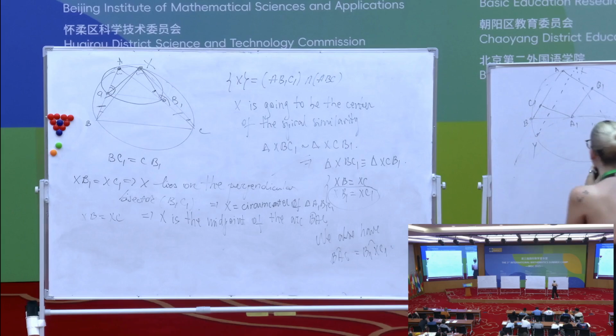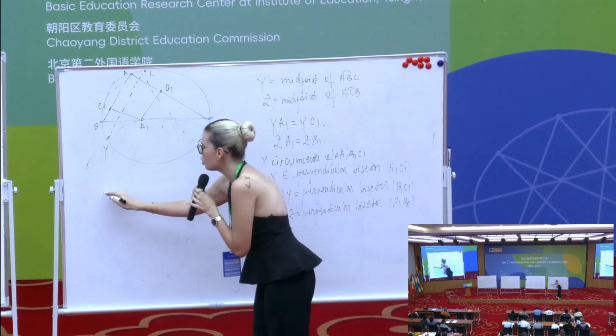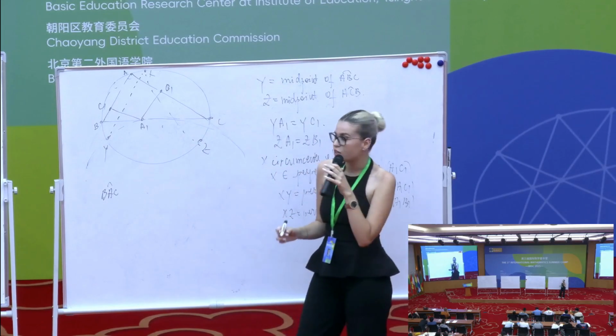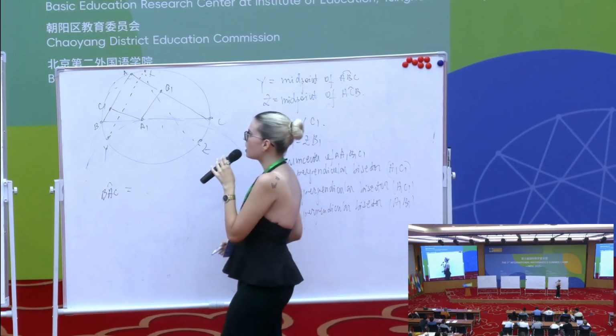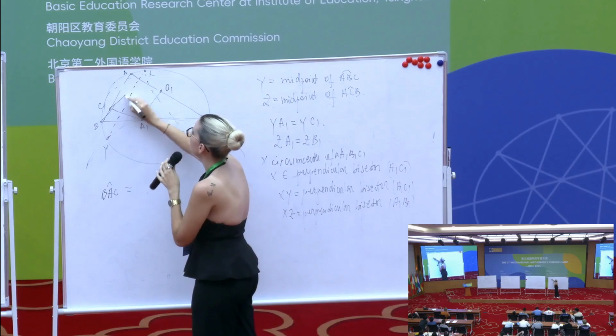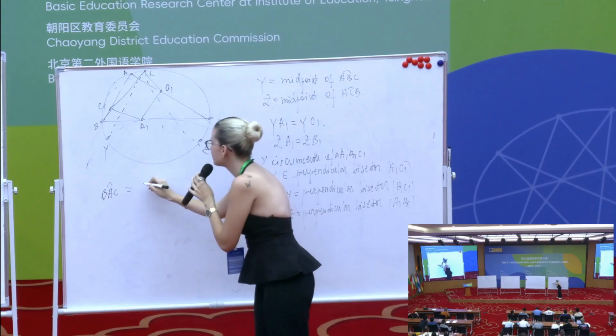All right, and now back to our angle chase. I was talking about the angle A. So our angle BAC, which we want to prove is 90 degrees, using the definition of X, is going to be equal to the angle B1XC1.